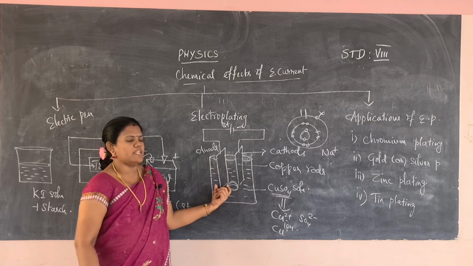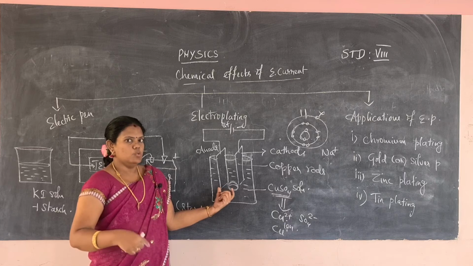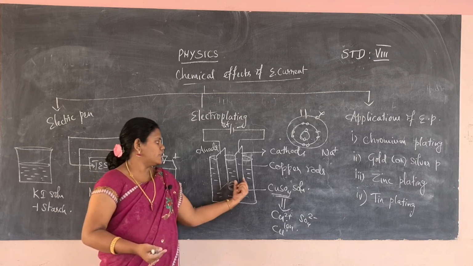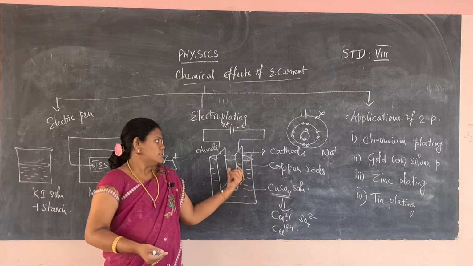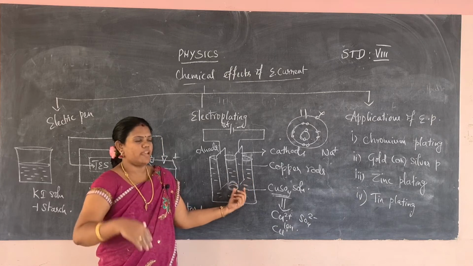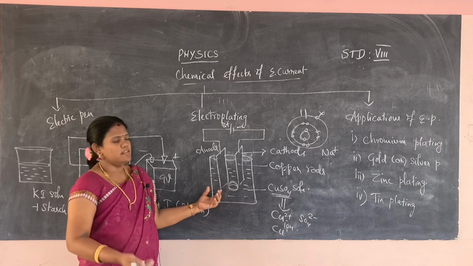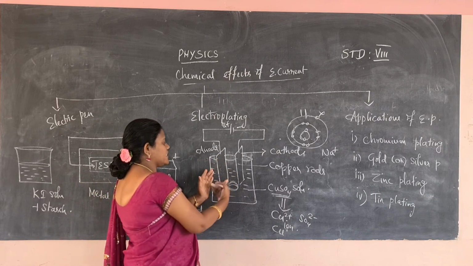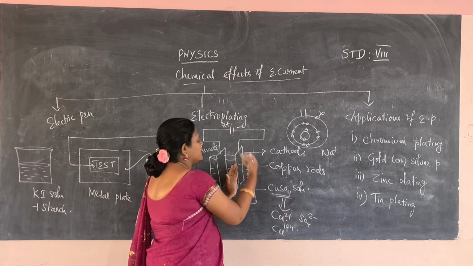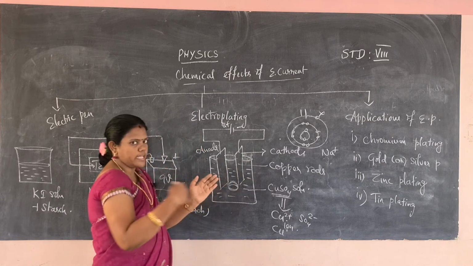The first copper plate will be losing copper ions, and the second plate gains 2 electrons and the copper will be deposited on the cathode. The first copper plate will be decreasing in size, and this copper plate will be increasing in size because it is coated on the second plate.